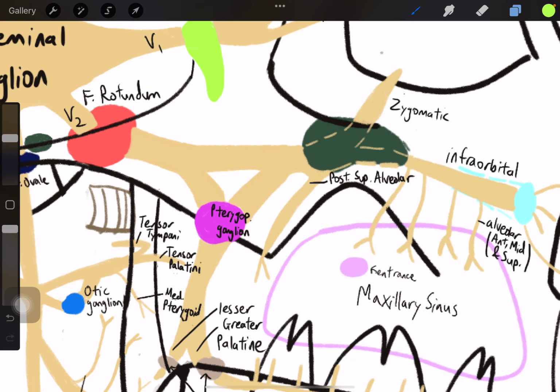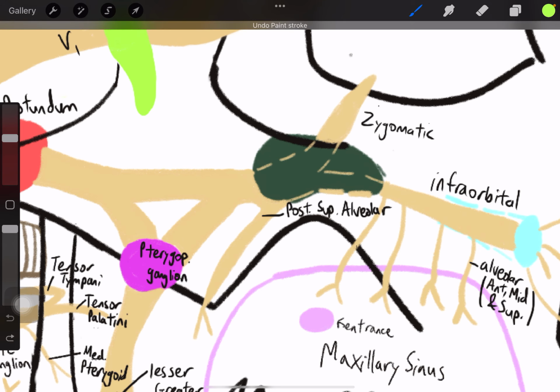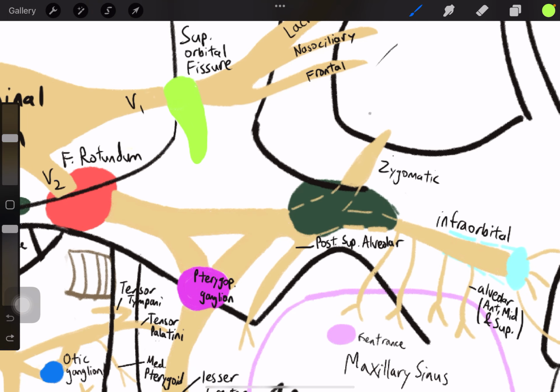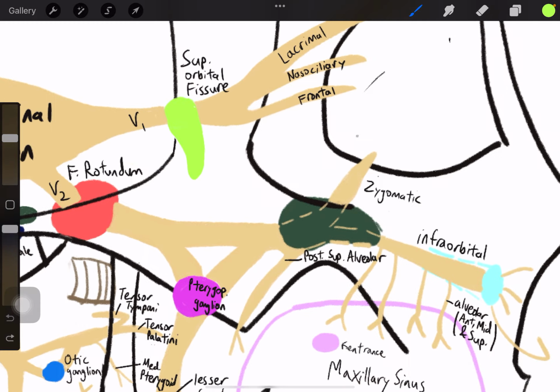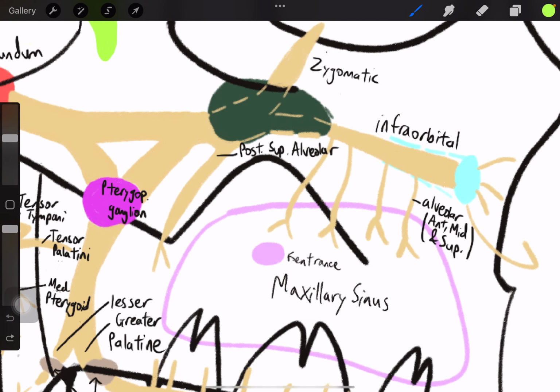Some of them are quite important. Zygomatic branch, top here. It passes through the inferior orbital fissure and ascends upwards into the orbit. Why this will be important is because later we'll show you about the greater petrosal nerve, and the zygomatic branch is one of the nerves that it hitchhikes on.